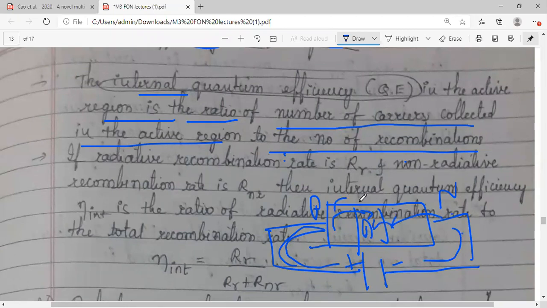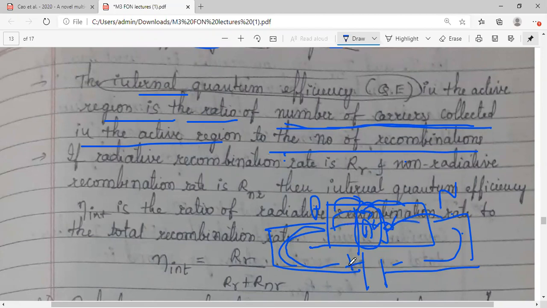So these carriers are diffused into the active region, and more and more charge carriers will be accumulated in the active region. So that is the ratio of the number of carriers collected in the active region due to this heterostructure to the number of recombinations. How much you have supplied, okay?